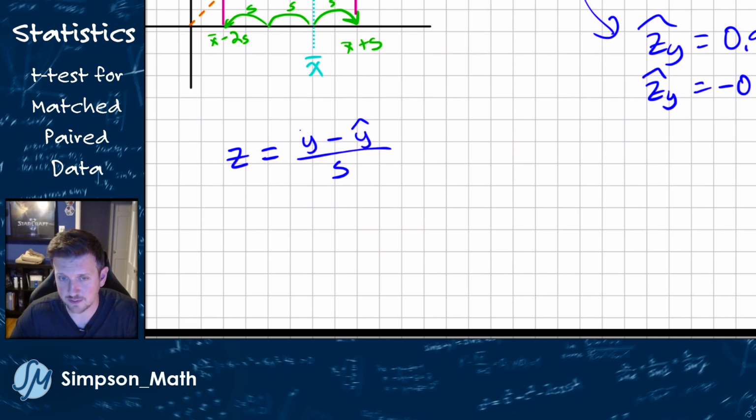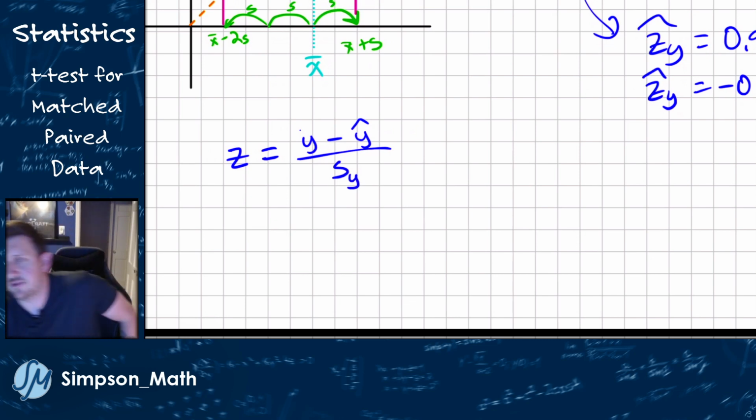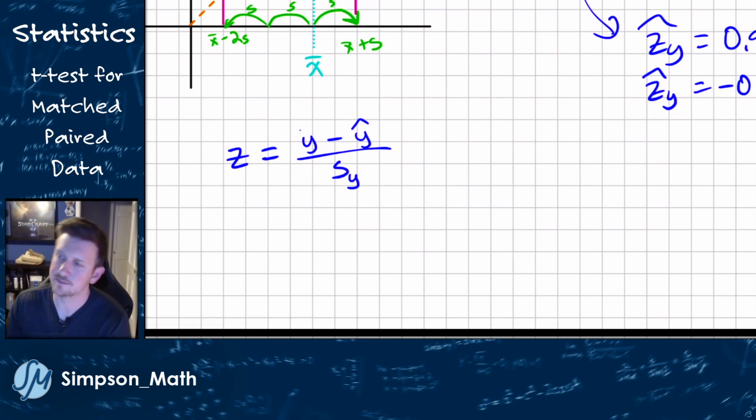I have an expected y hat that I'm trying to figure out, and an observed y that I want to know about. Then my standard deviation is the standard deviation of y. Ultimately we're trying to figure out this predicted value of y right here.